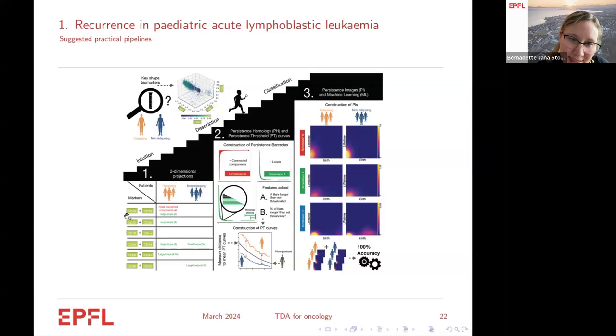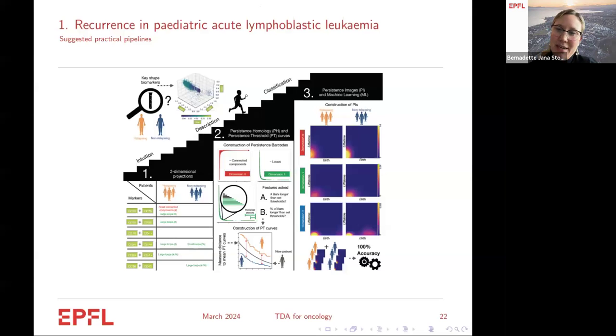So, for example, here in CD10 and CD20, small connected components and large loops point to relapsing patients, while we don't have this in non-relapsing patients. CD10 and CD38, as well as CD20 and CD38, have large loops in their barcodes, which we don't see in the non-relapsing patients, where in the second case, we see more small loops.